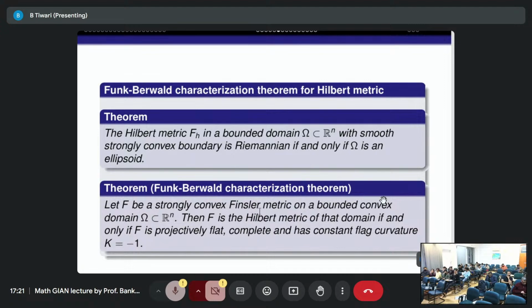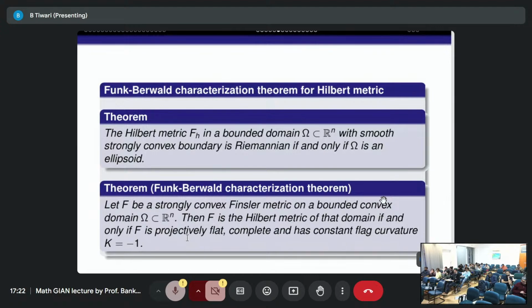And this is an interesting characterization. If F is a strongly convex Finsler metric on a bounded convex domain omega, then F is the Hilbert metric of that domain if and only if it is projectively flat, which means the geodesics are line segments, it's complete, and has constant negative flag curvature -1, right?